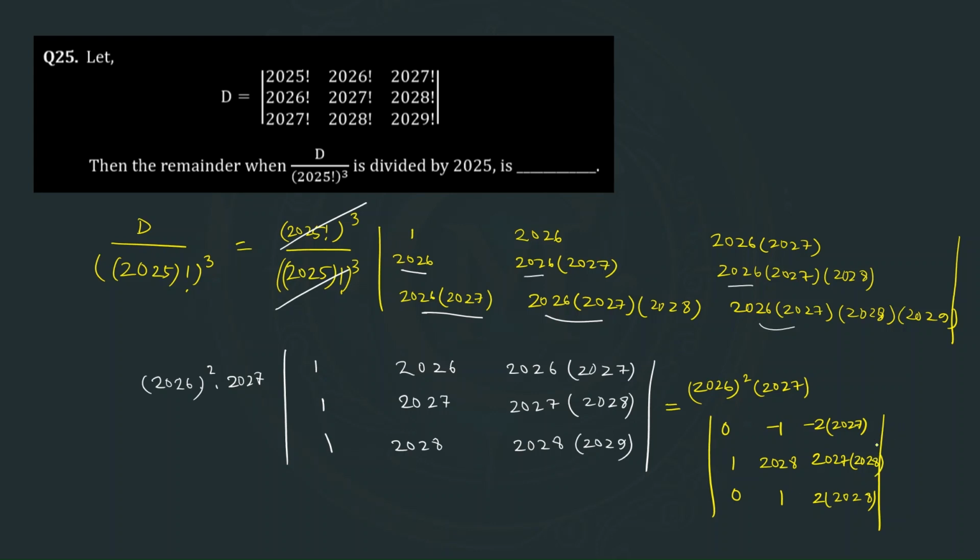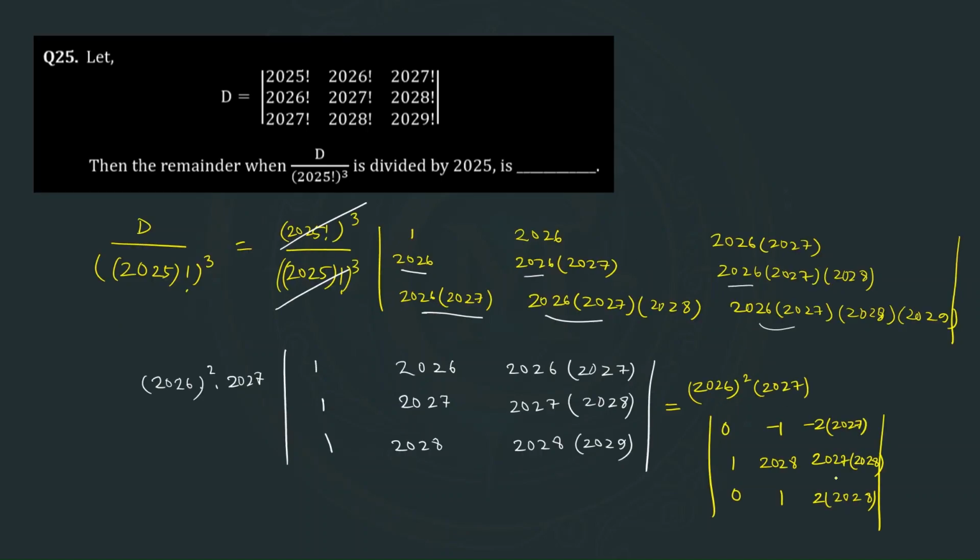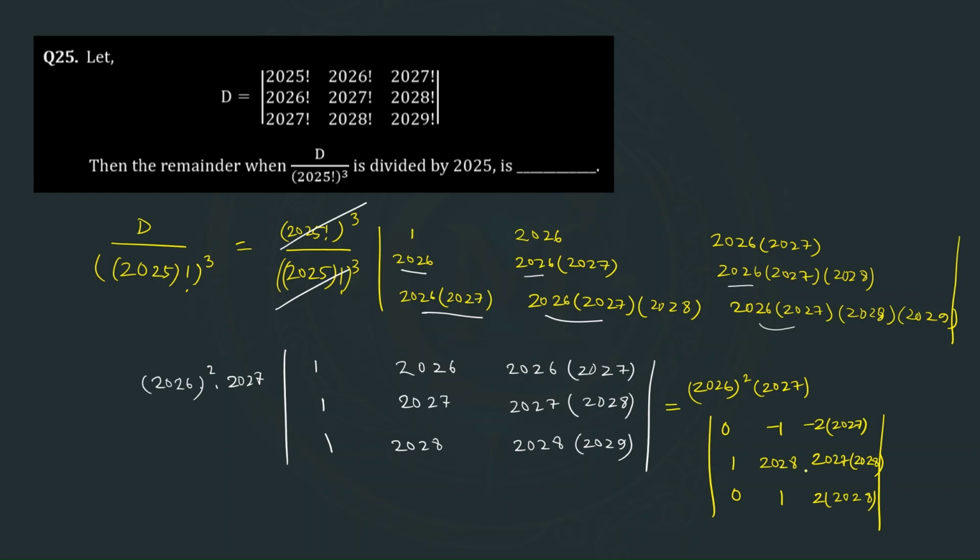So now we can again add this first row and third row to simplify this determinant. So this will become 2026 whole square times 2027. Then inside the determinant, if we add this first row and third row, we will get 0, 0, then 1 times 2, so 2. Then here it will be 1, 2028, then 2027 times 2028.